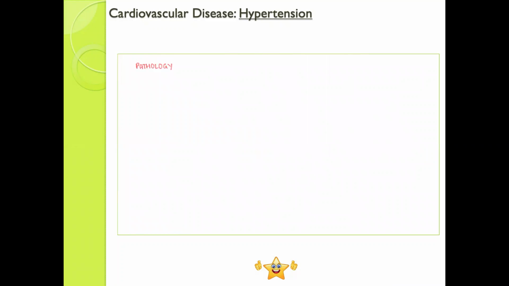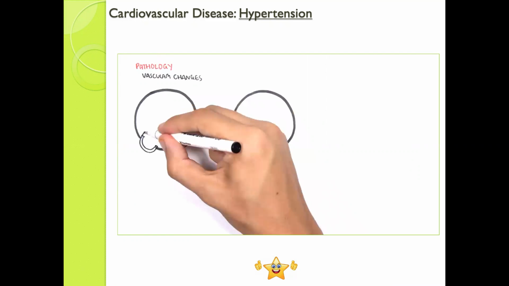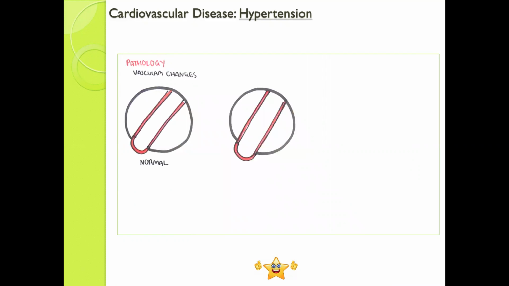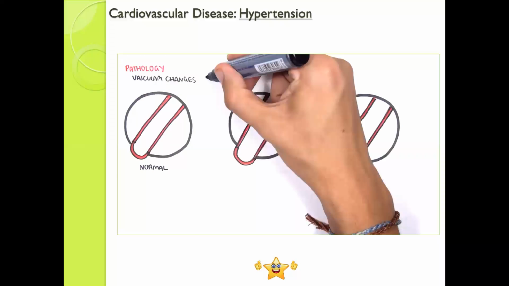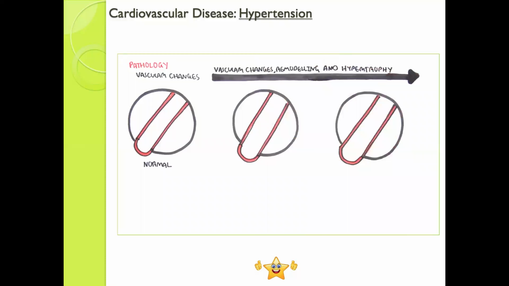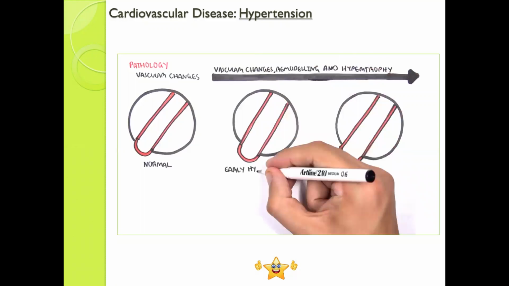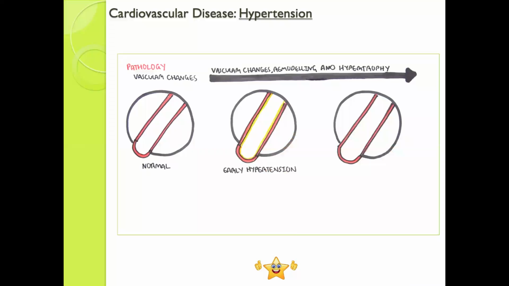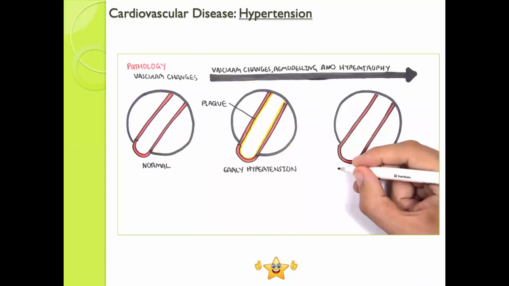The pathological vascular changes that occur in hypertension occur slowly. Normal vessels have good blood flow. However, in hypertension, and as hypertension progresses, there are vascular changes, remodeling, and hypertrophy. In the early stages, you begin to have plaque buildup and thickening of the vessel wall.